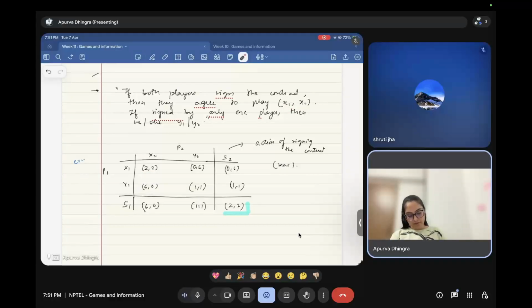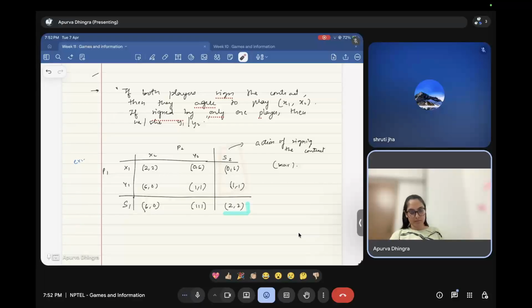On the other hand, if suppose player 1 decides to accept the contract, so it's this scenario, but player 2 doesn't, what should he do? He should just play y1. So his utility would be just this copied. That's what the contract said. Similarly, if player 2 is the only one who agreed to play the contract but player 1 didn't, then what would he do? This is what he would do.